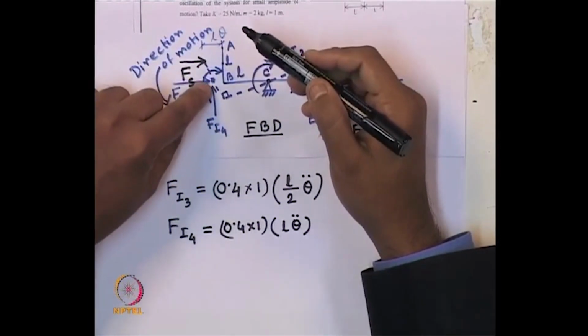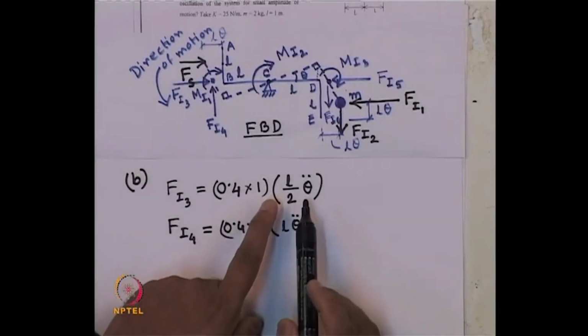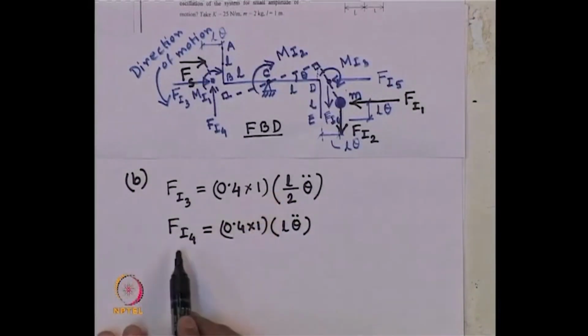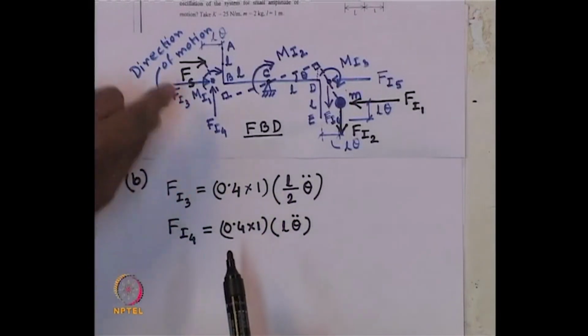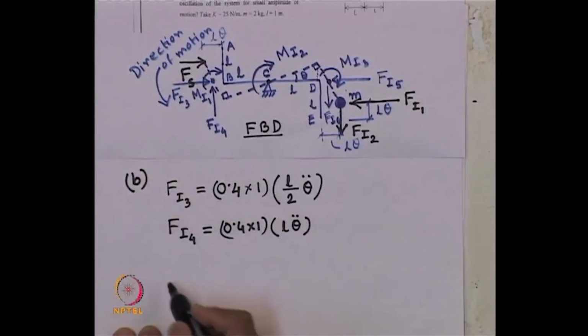So, that is why center also has experienced the displacement of L theta. So, that is why the vertical acceleration is L theta double dot, not L by 2 theta double dot like the horizontal one. So, we have to look at the picture very carefully in the free body diagram while writing these expressions for inertia forces.